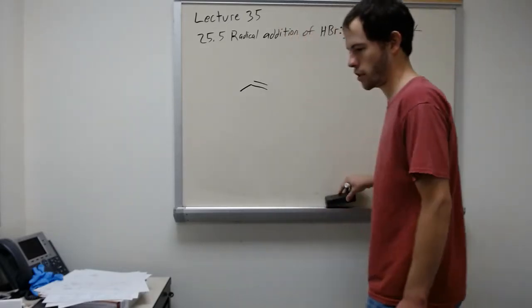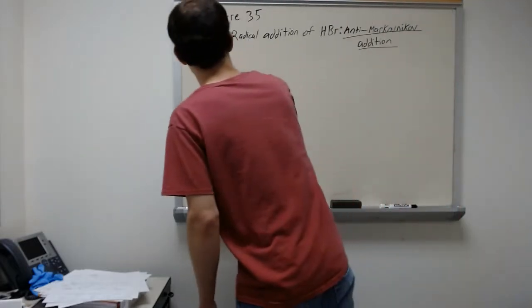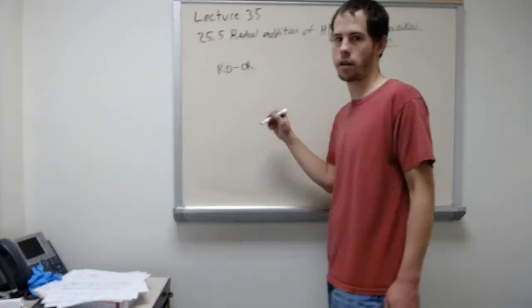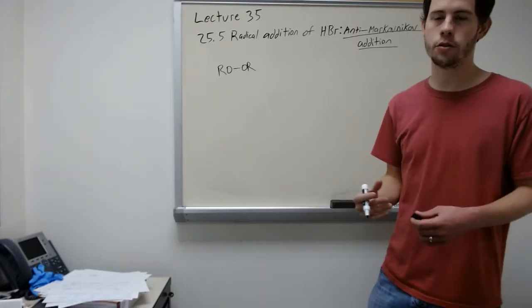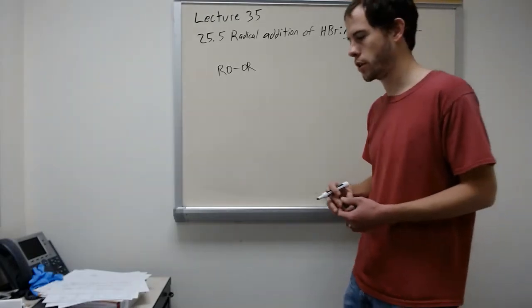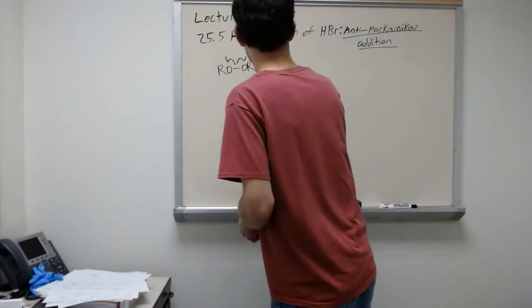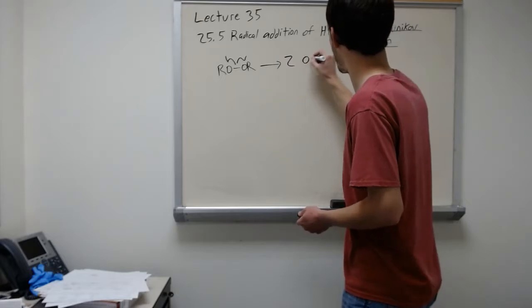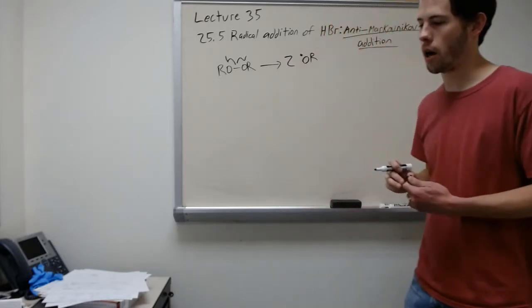So I'll just erase that part there, and so I'll draw out my peroxides. Remember that a peroxide is an oxygen-oxygen single bond, and the R group can be hydrogens or carbon groups. And so we get homolysis of the peroxide because it is a good radical generator. And so we get our peroxide radical.